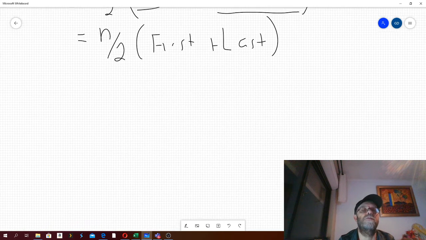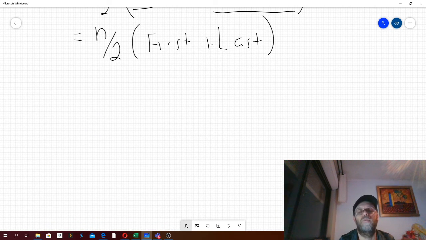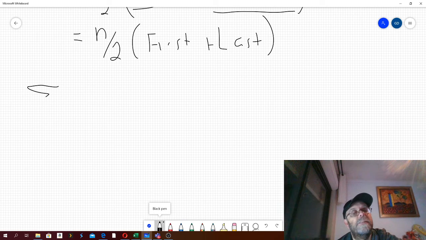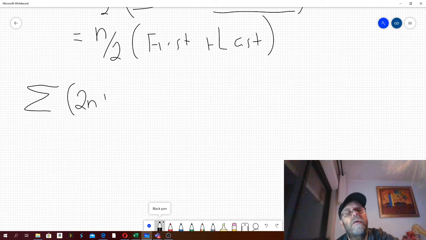So let's use these expressions and see what we would end up getting. Let's say the sum of 2n plus 3 from n equals 1 to 8.